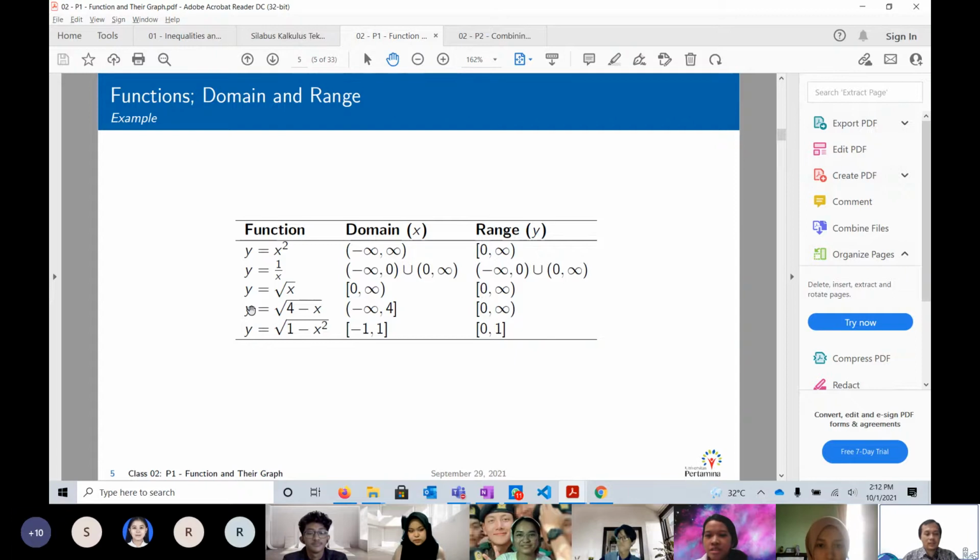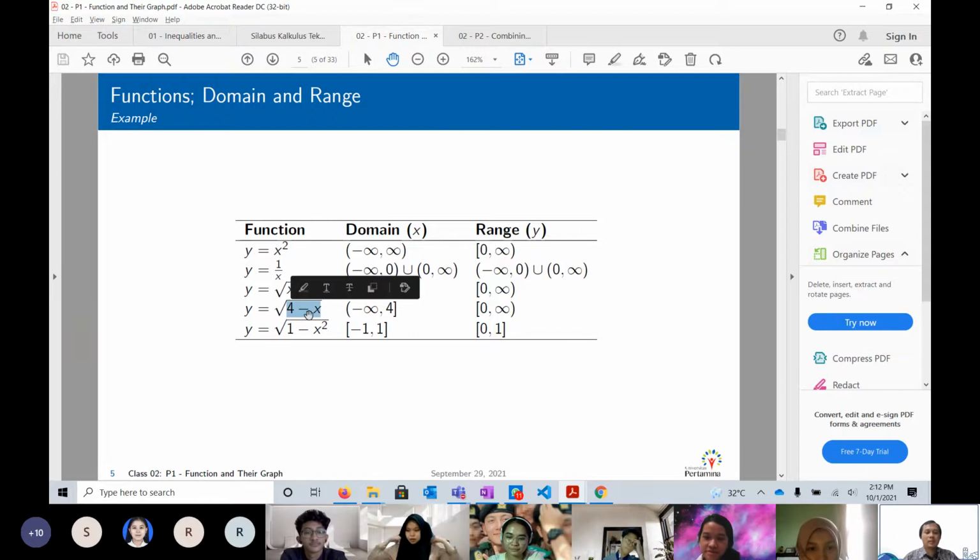What about the fourth example? We have y equals square root of 4 minus x. In this case, we want everything inside the square root to be non-negative.